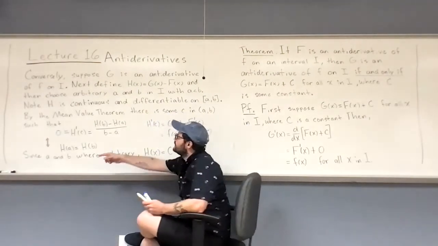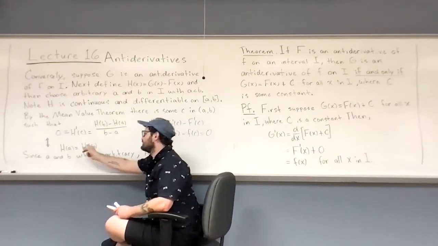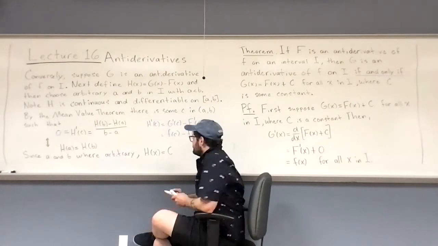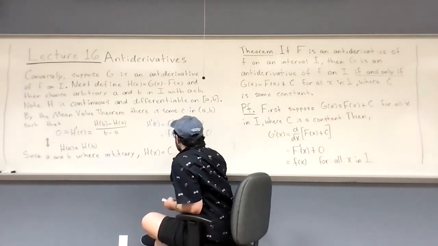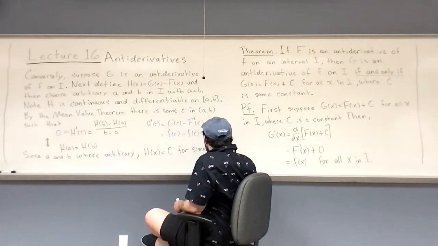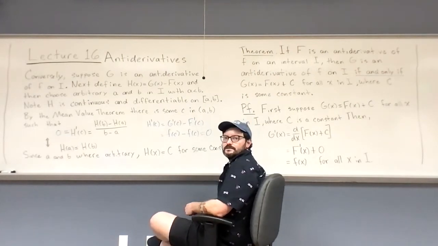No matter what a and b we pick in that interval, the same argument is going to show that h at a is equal to h at b. It's a constant function. This is for some constant c. Y'all, does that make sense?